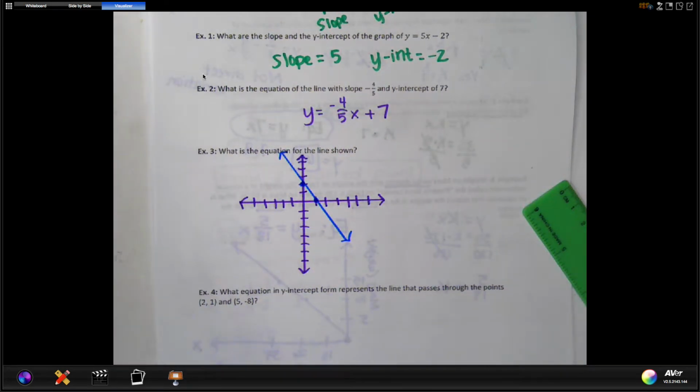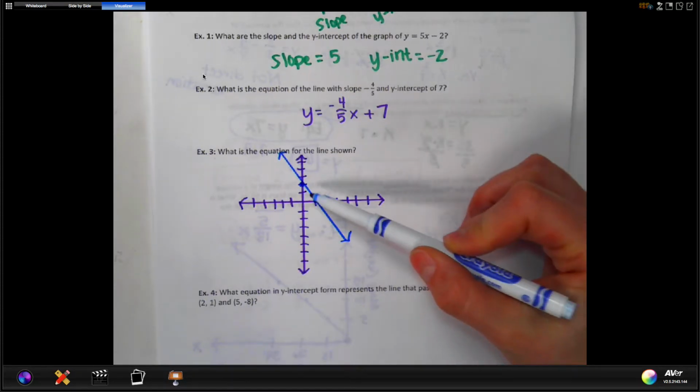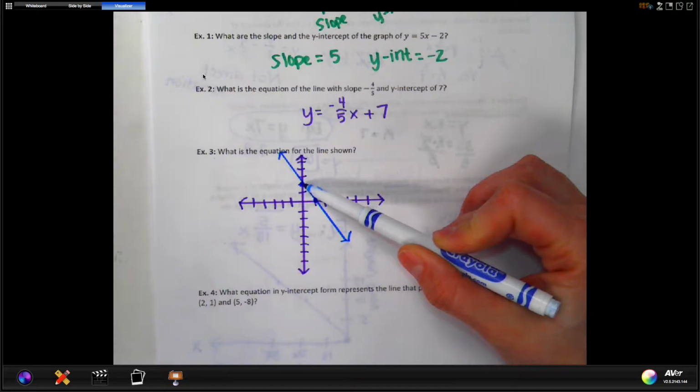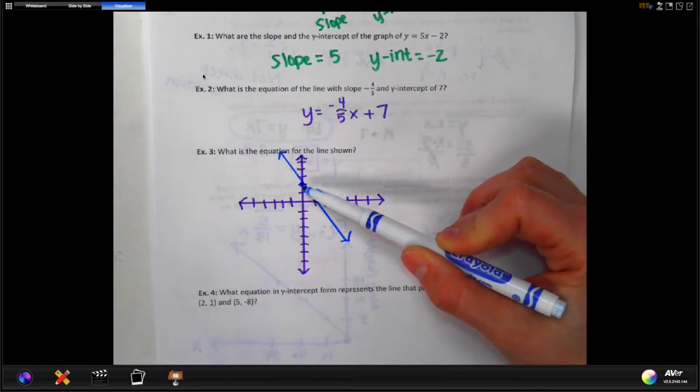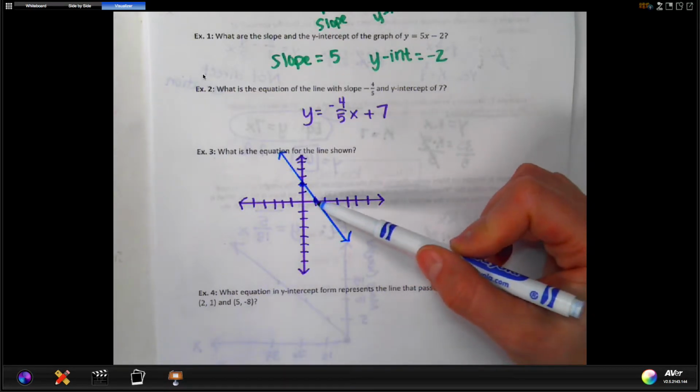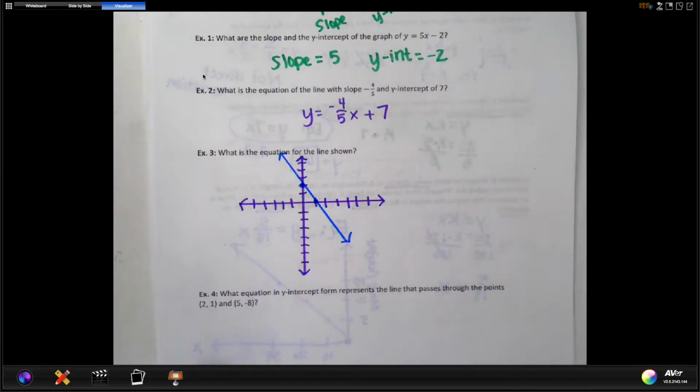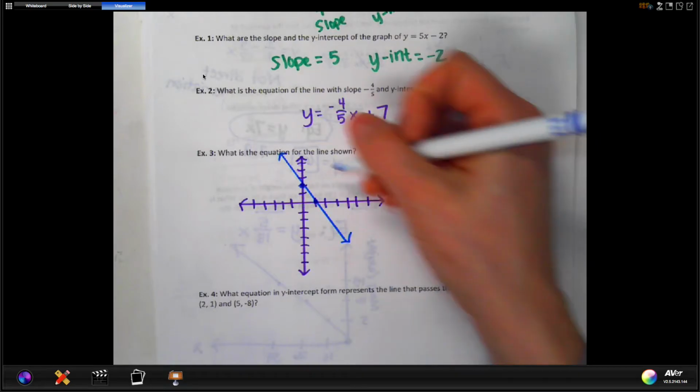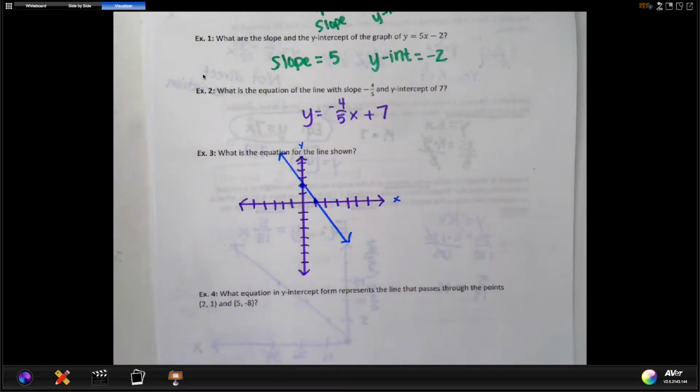Mine is a tiny bit off. I tried my best, but I'm working with markers here. So what you're looking for is for your line to cross the y-axis at 2 and the x-axis at +1, okay? You're going to have many different graphs that you have to look at and then write the equation for the graph.